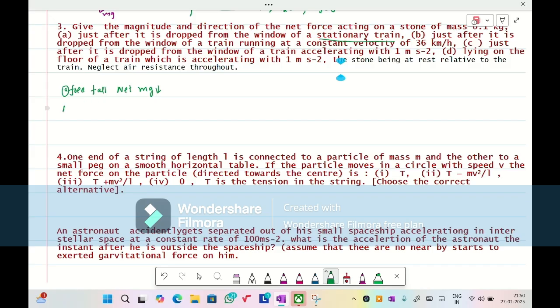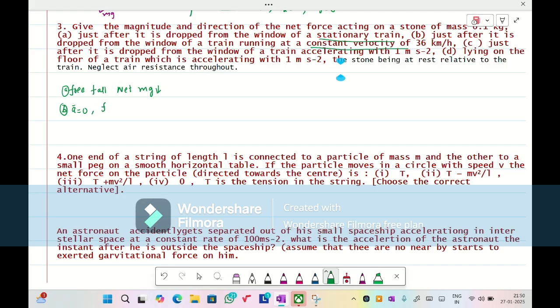Coming to B: just after it is dropped from the window of a train running at constant velocity. Constant velocity means there is no acceleration, so the train is not accelerating, and the stone also will not get any acceleration.